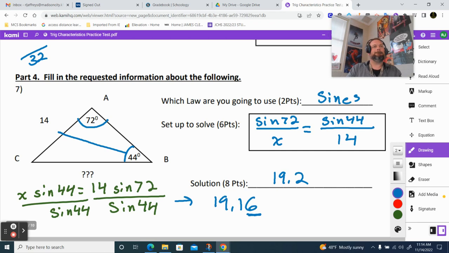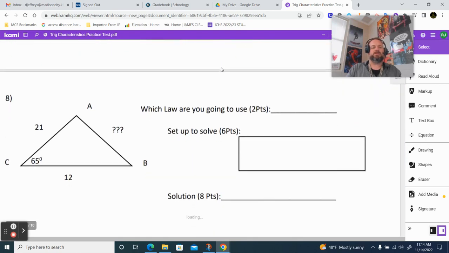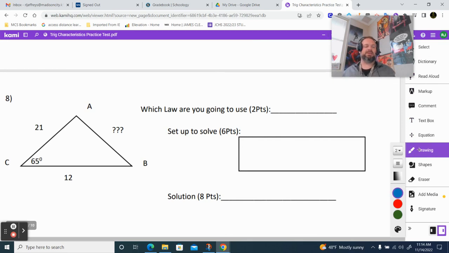Why is the next one the law of cosines? Other than the fact that these two sides are adjacent, that's the way it works in my brain. We're actually going to use the law of cosines for this one.